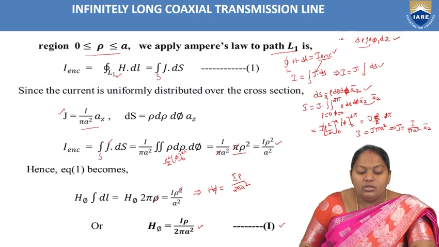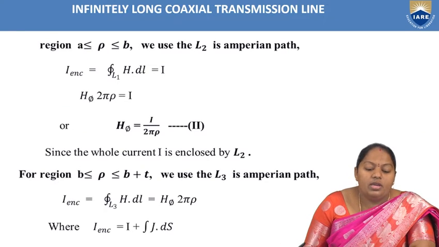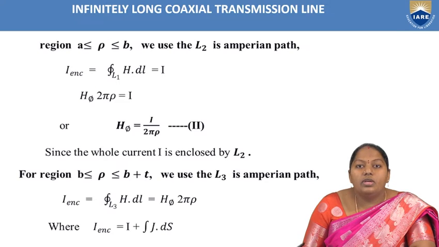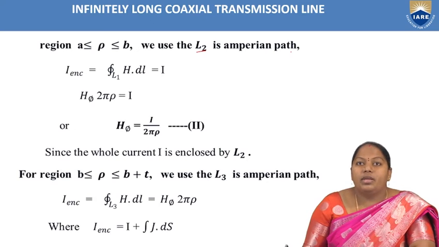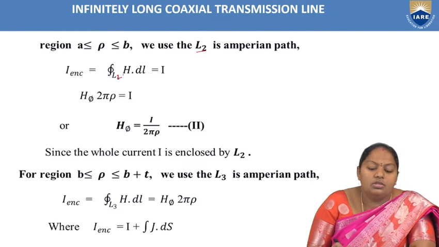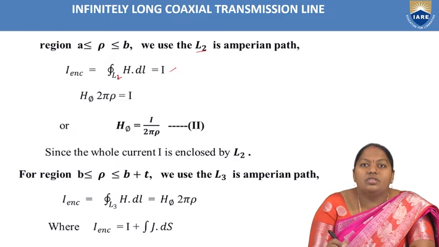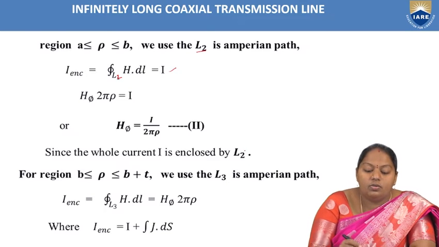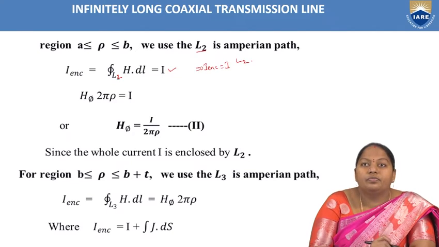Okay. Then coming to the next region, the region is a less than or equal to rho less than or equal to b, then we use the path L2 as the Amperian path. Hence the formula becomes I enclosed is equal to the closed line integral L2 h dot dl, which is equal to I. Now from the figure, the total current enclosed by the path L2 is given by I. Hence I enclosed is equal to I for the path L2, right?